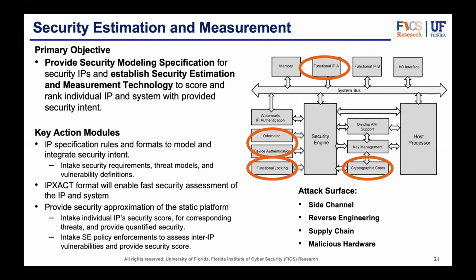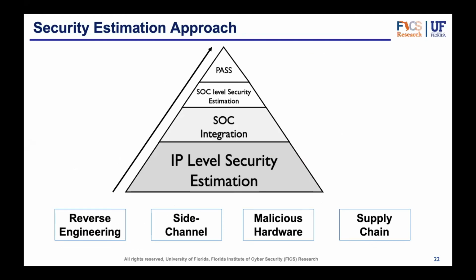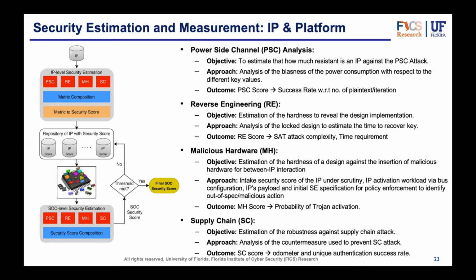So around that, the metrics we're looking at in the ACE program focus on both IP level metrics as well as platform level. And what makes the platform level interesting is that once the IP goes into the platform level, suddenly there are so many other parameters that we need to consider. Looking at the time, I need to skip some details, but provide you with an example.